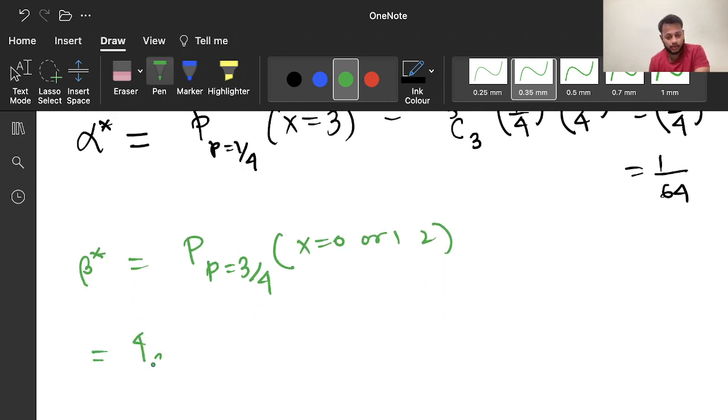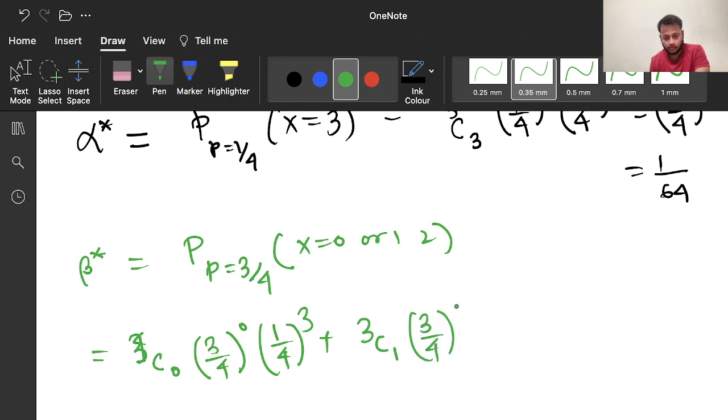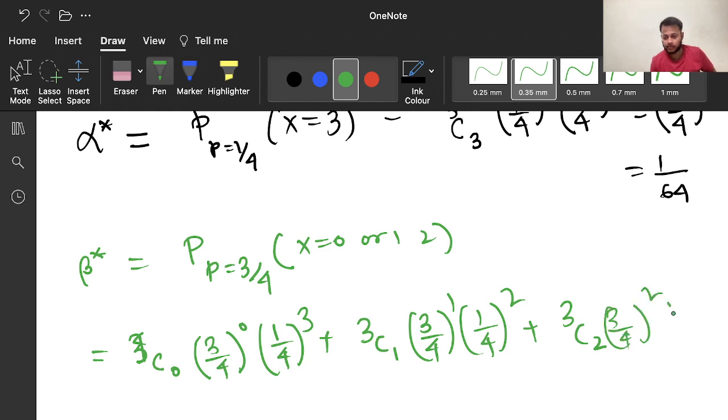That is 3c0 (3/4)^0 (1/4) cube plus 3c1 (3/4)(1/4) square plus 3c2 (3/4) square (1/4). If you do this, you will get 37 by 64.